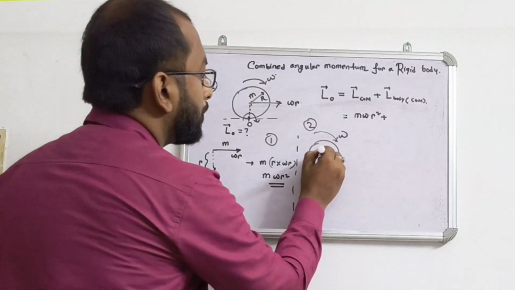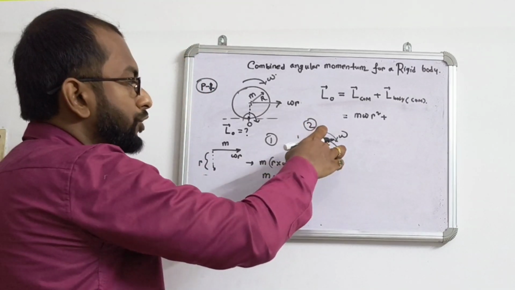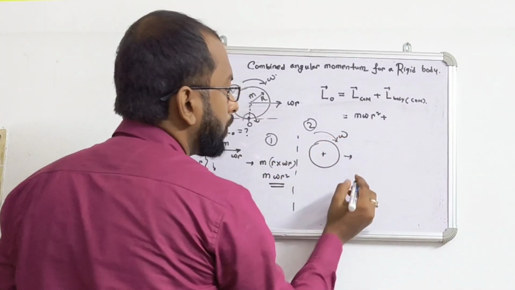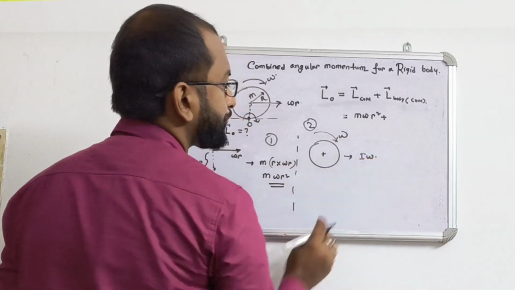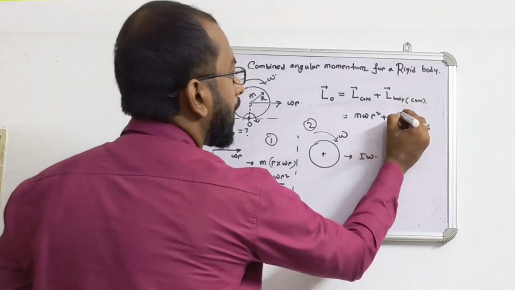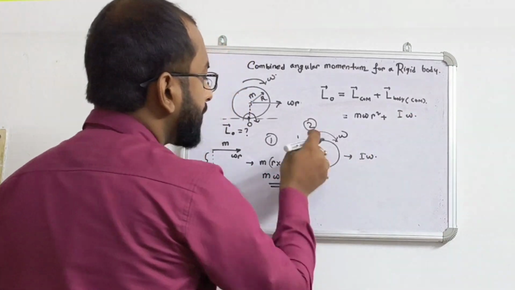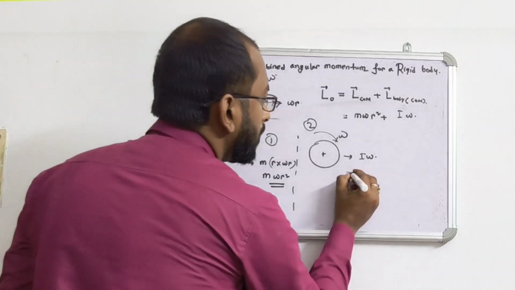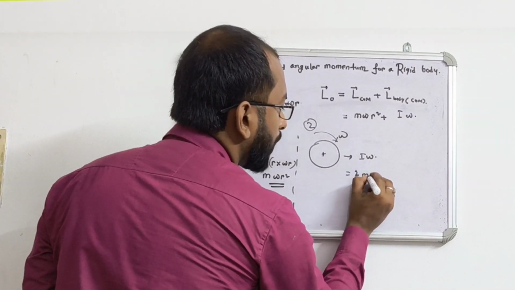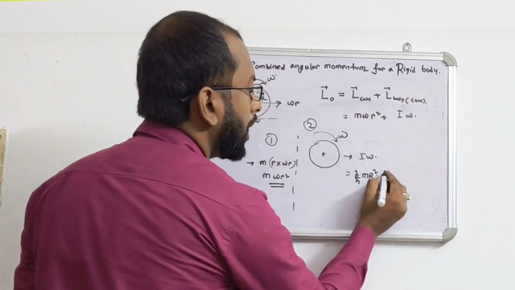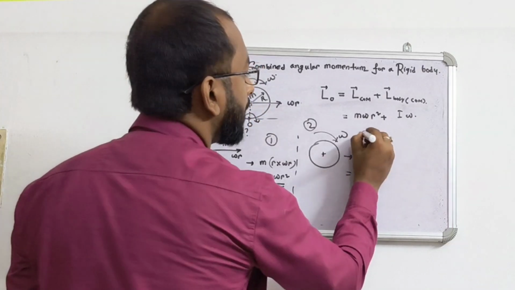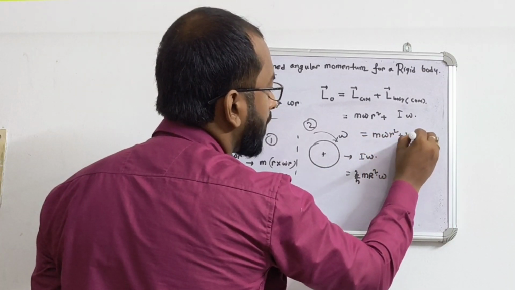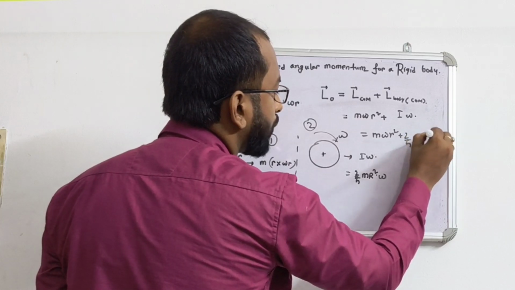So if a rigid body is rotating about this axis, the angular momentum is I into omega. What is I for a solid sphere of mass m and radius r? 2 by 5 m r square, into omega. So we write m omega r square plus 2 by 5 m r square omega.